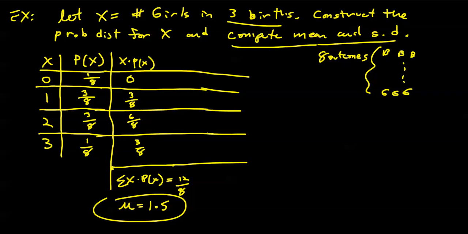Let's make another column here to compute the standard deviation. I'm going to need an x squared times p of x column. 0 squared is 0, and 0 times anything is 0. 1 squared is 1, and 1 times 3/8 is 3/8. Multiplying that squared value by the associated probability.